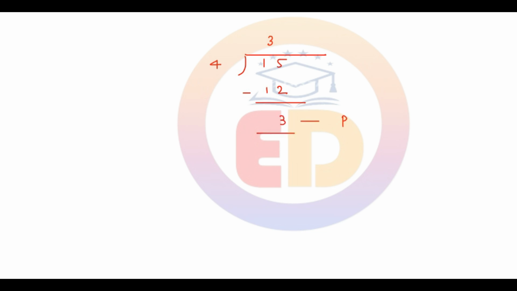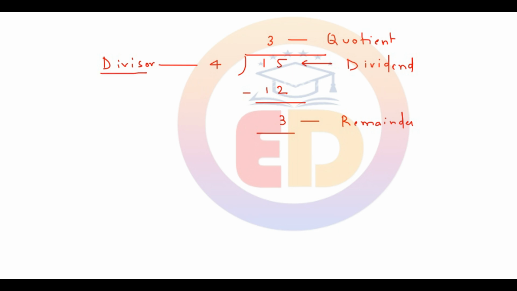So this 3 is my remainder. 15, the number which is getting divided, is the dividend. 3 is our quotient, and 4 is the divisor. I hope all the terms are clear: the dividend is the number which is getting divided, the divisor is the number which is dividing, the value 3 is the quotient, and 3 is our remainder.